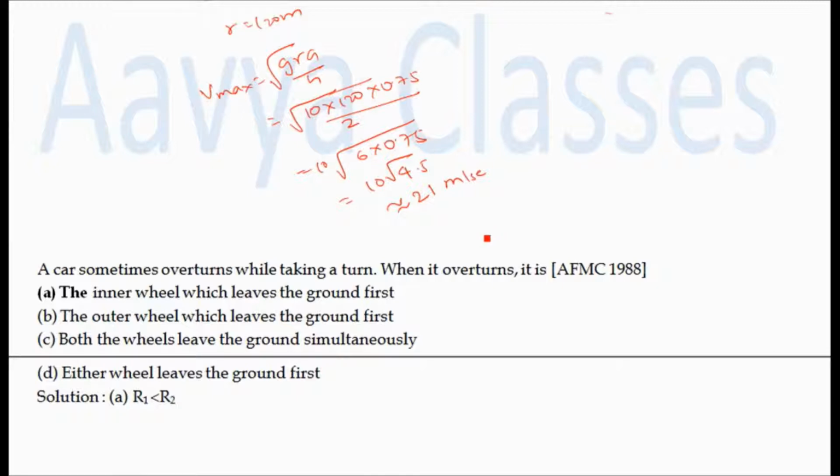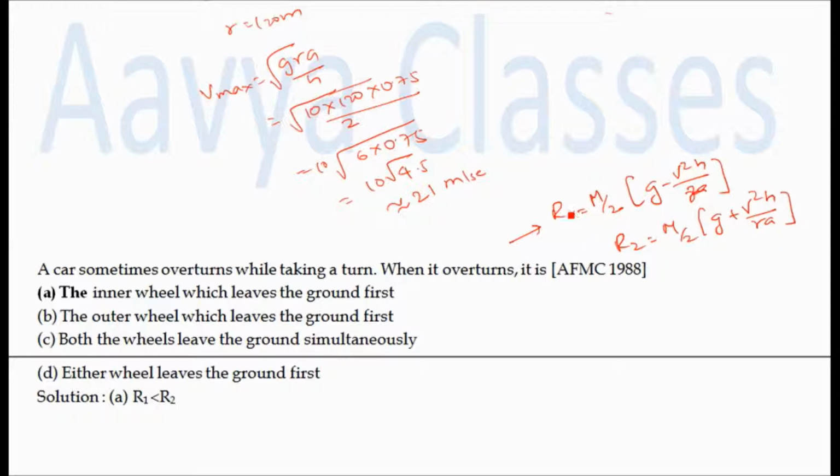Whatever we have learned, the reaction force on the inner wheel is given by, if you can recall the formula which we just derived some slides back, R1 is equal to m by 2 into g minus v square h divided by ra, and R2 is equal to m by 2 into g plus v square h divided by ra.